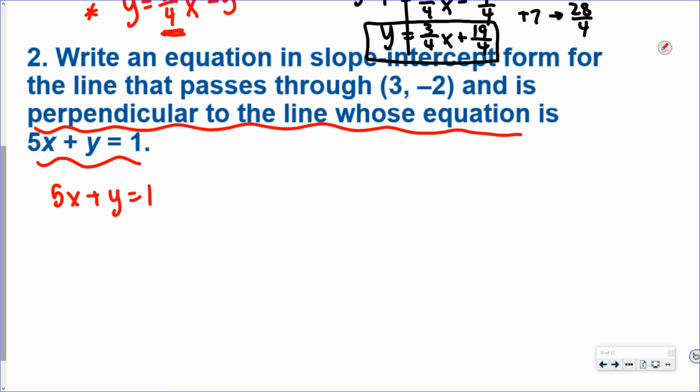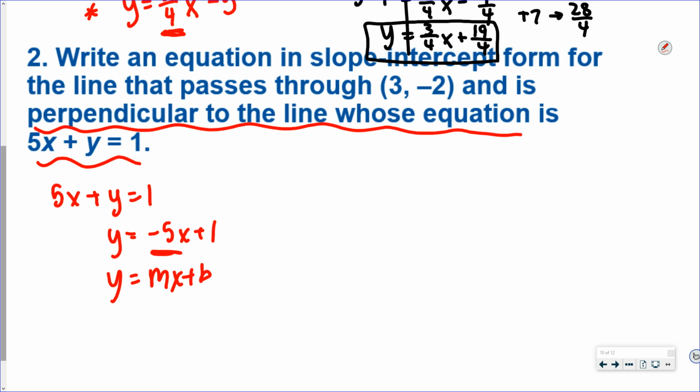Ooh, I like this. We don't know right now by looking at it, but I know some of you are thinking ahead. Putting this in slope-intercept form, I'm going to have to move over the 5x. Now let me ask this question again. What's the slope of this line? y equals mx plus b. The slope is the number in front of x. -5 is the slope here.